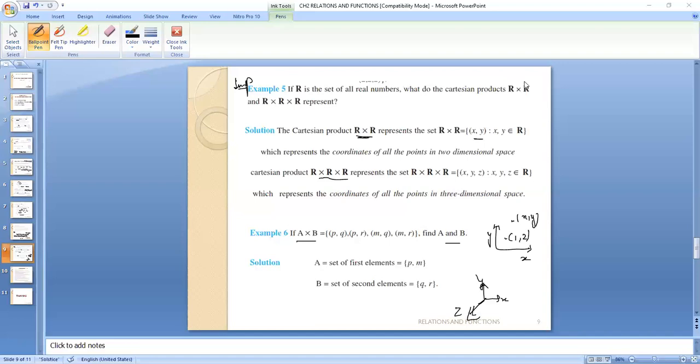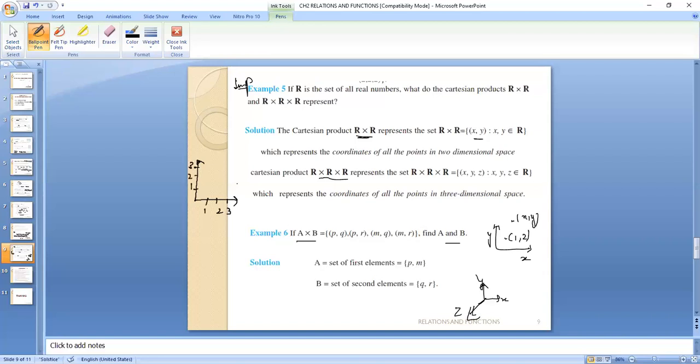If we are taking R by R, the product of two sets, it is a pair (x, y), right? Now the question is what this ordered pair (x, y) represents. This (x, y) can be any real numbers. X can take any real value and Y can take any real value. If I am plotting a point, this is 1, this is 2, this is 3, this is 1, this is 2, this is 3.